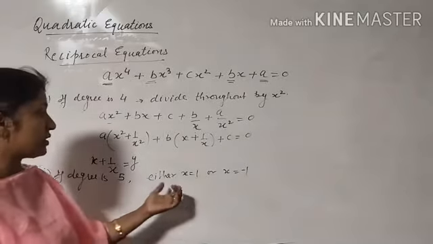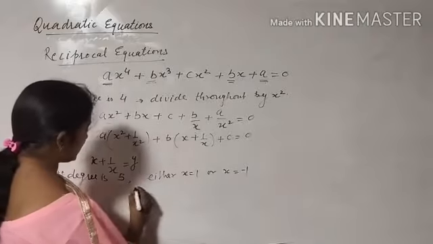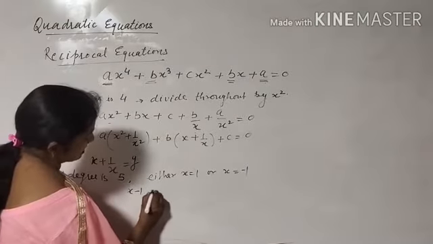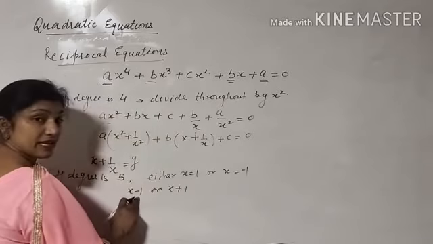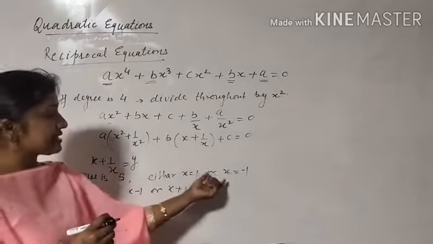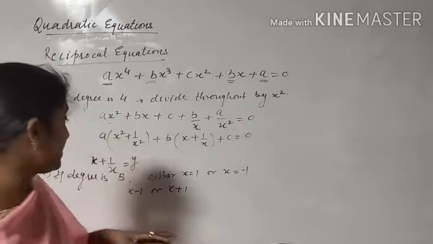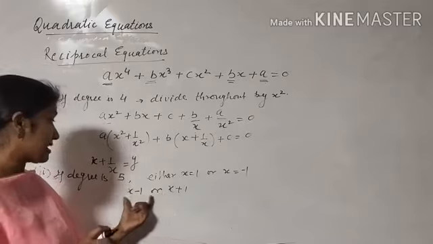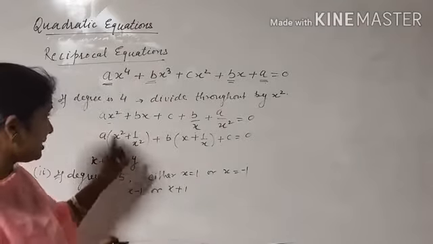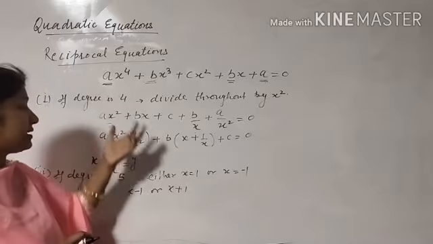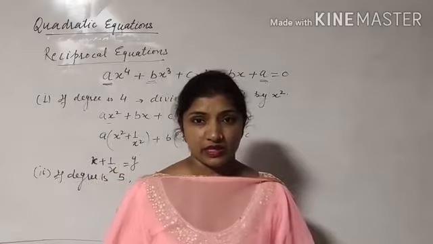If x is equal to 1 is a root, then x minus 1 will be a factor, and if x is equal to minus 1 is a root, then x plus 1 will be a factor. Then you divide the equation throughout by x minus 1 or x plus 1, and the 5th degree equation is reduced to the 4th degree equation.